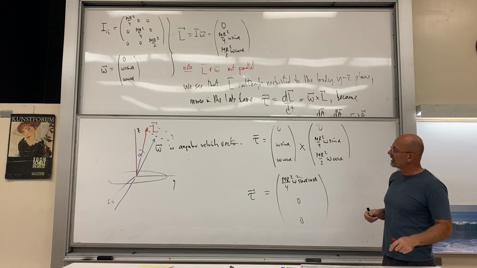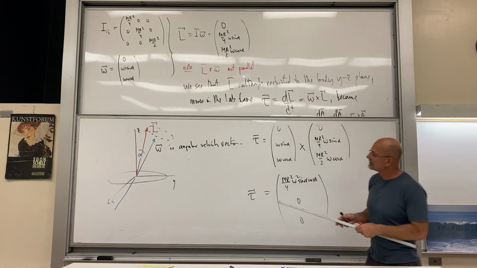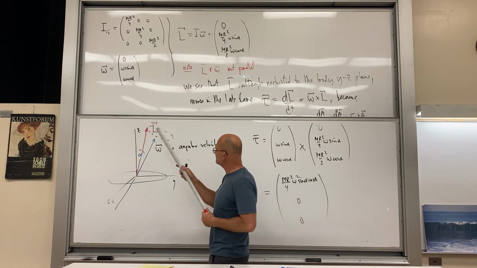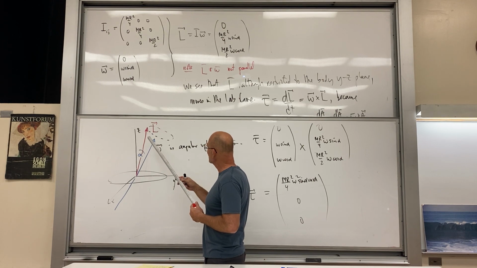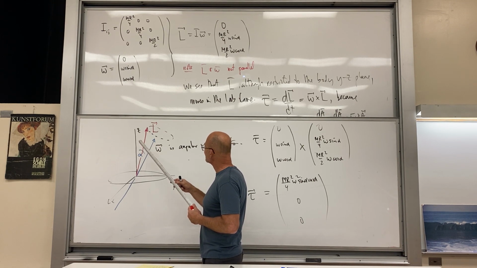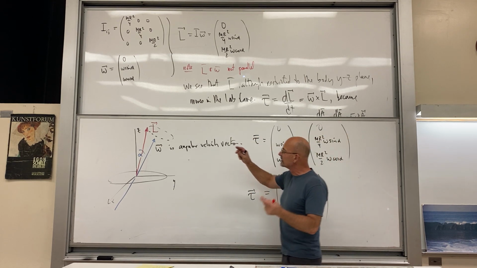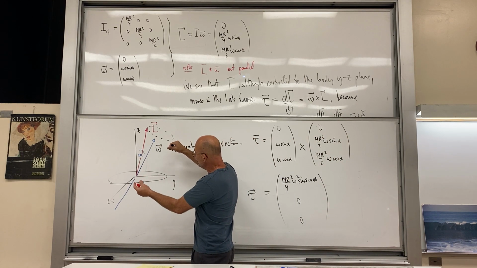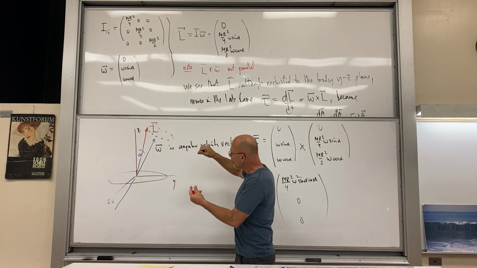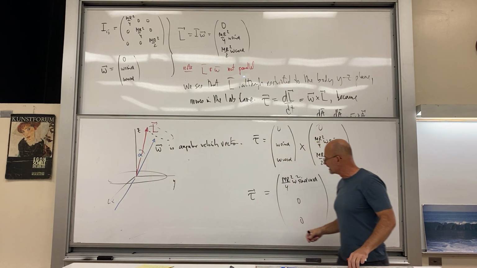And so a torque around the x-axis is going to produce a wobble feeling. If you actually build this model, this thing's going to have this wobble feeling to it as you twirl it. Okay, that's the torque that you're feeling.